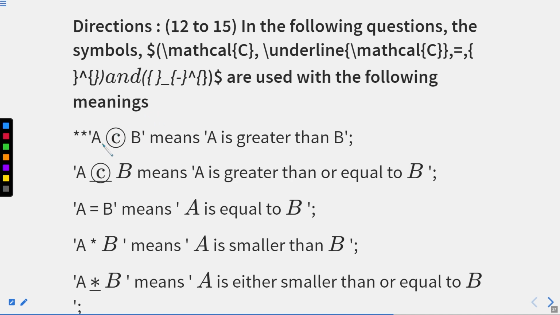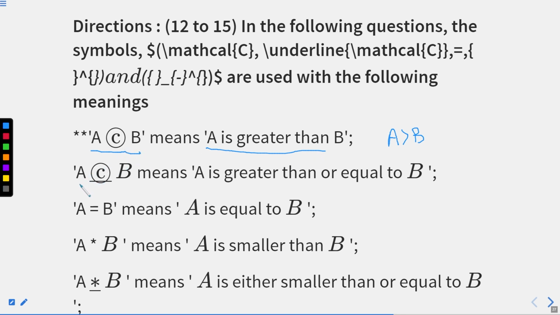So as per the first instruction, that is A copyright B, means A is greater than B, right? This expression implies that A is greater than B. I hope this statement is clear, right? You need to understand each and every statement.